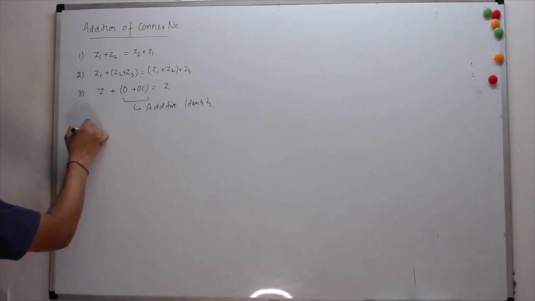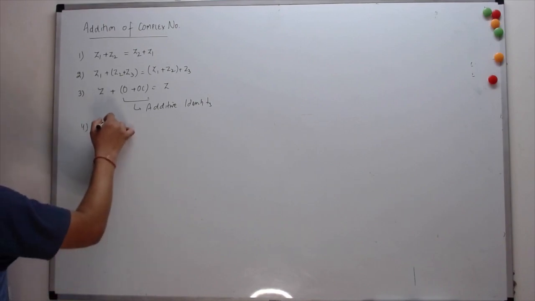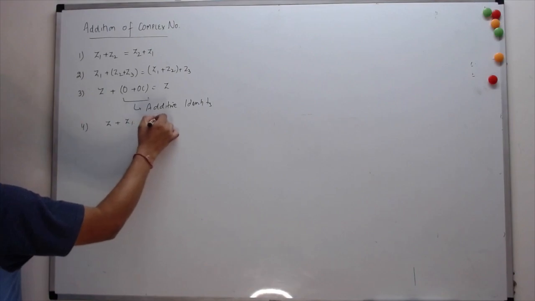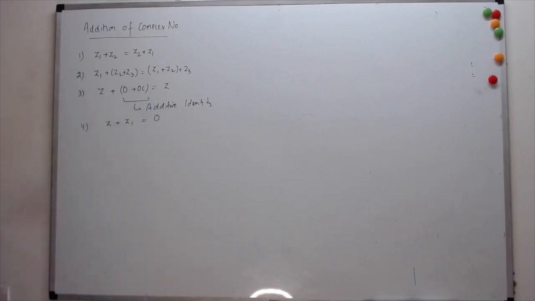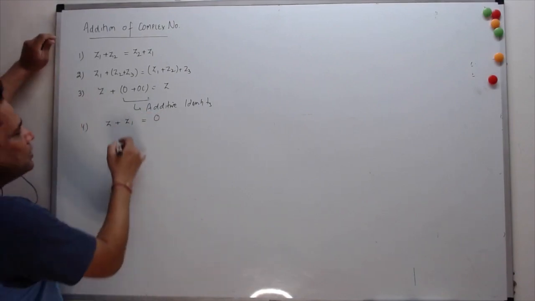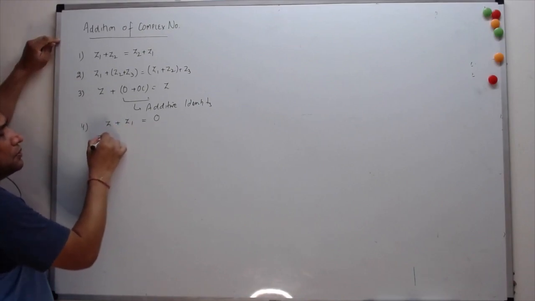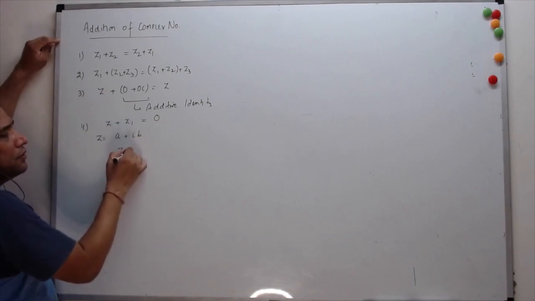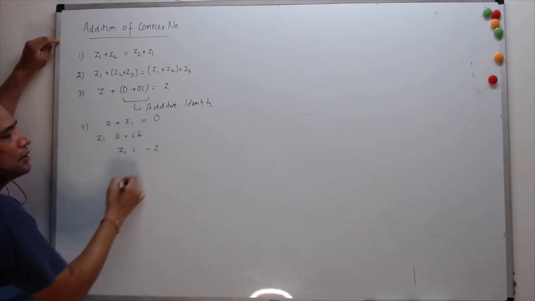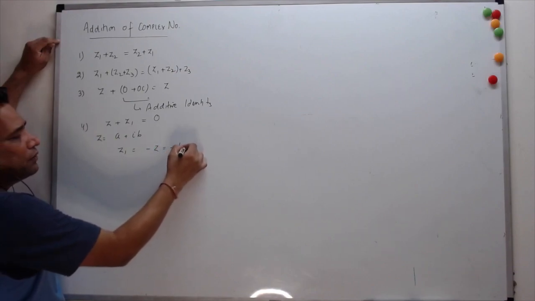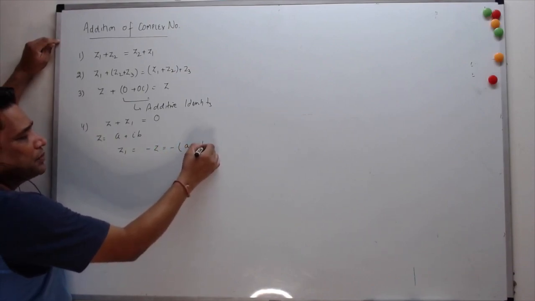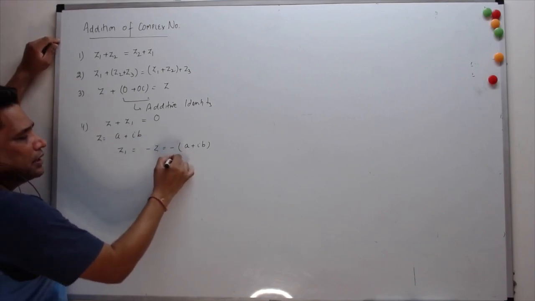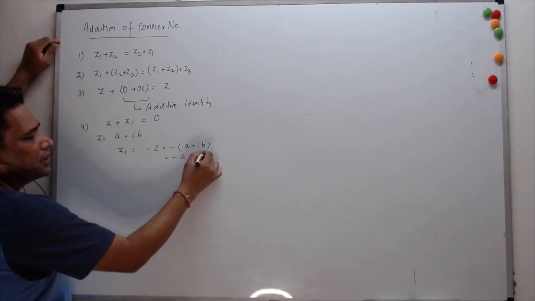Then we talked about what we call the additive inverse. A number which, when you add it to a complex number, gives you a 0. So if z were something like a plus ib, then its additive inverse would be negative of z, that is negative of a plus ib, which is minus a minus ib.